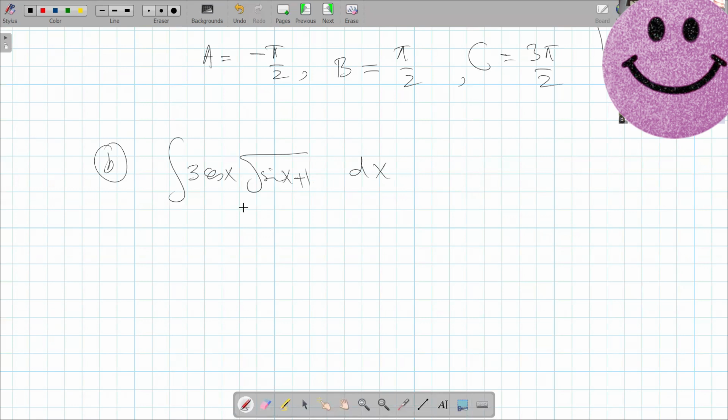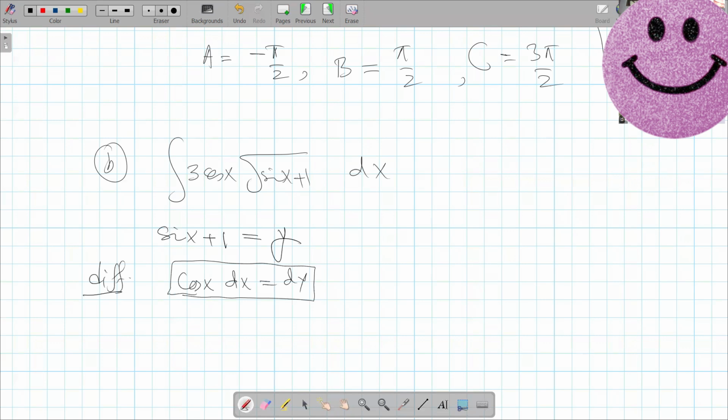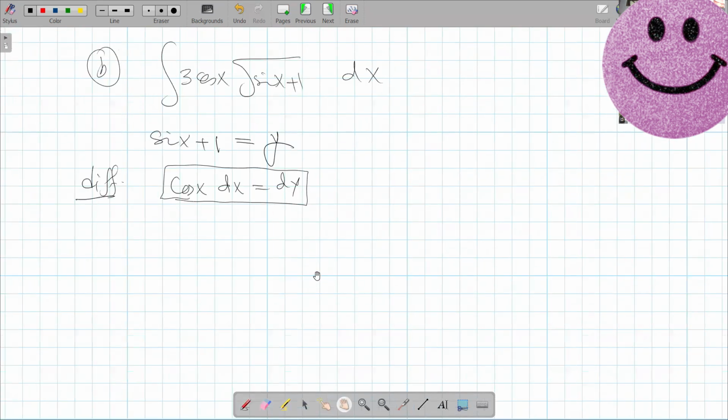Sin x plus 1 equals u, or y, whatever. If we differentiate this, then what will we get? The derivative of sin x is cos x, and the 1 disappears, so cos x dx equals dy.